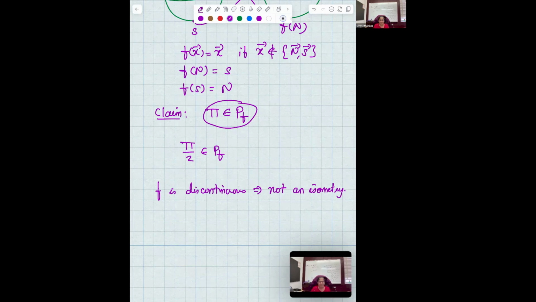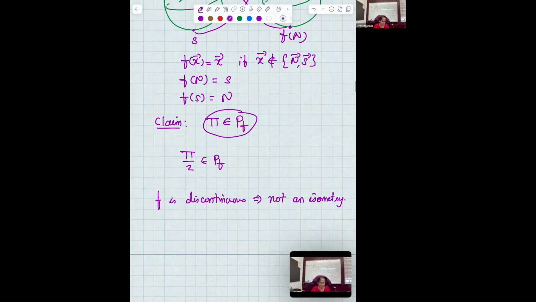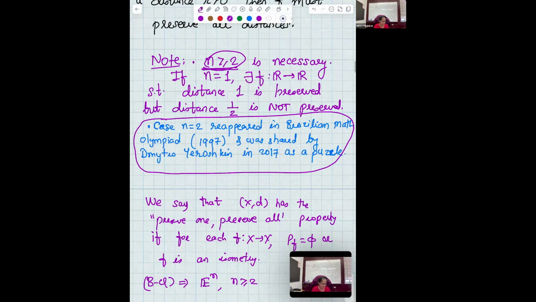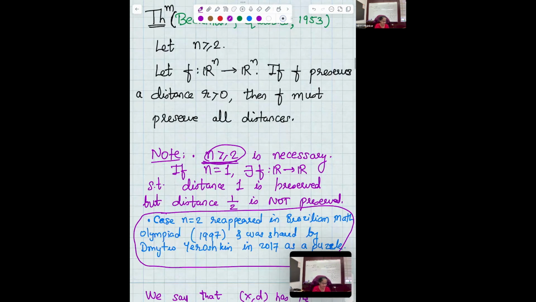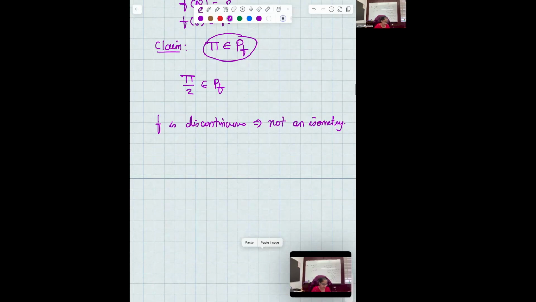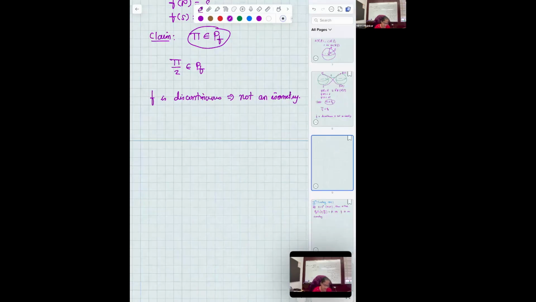So clearly the dimension being bigger than or equal to 2 is not the only hypothesis which would work if we replace R^n by S^n. However, that actually brings another theorem that is known.